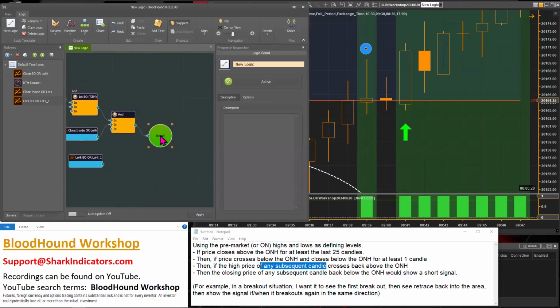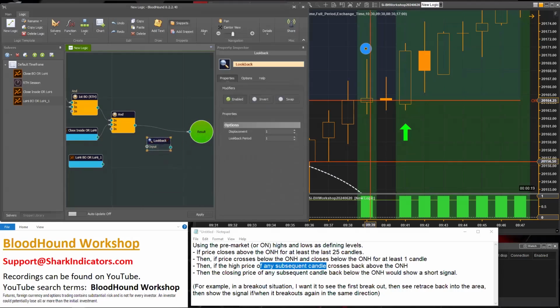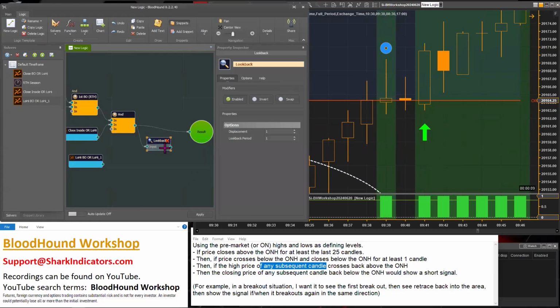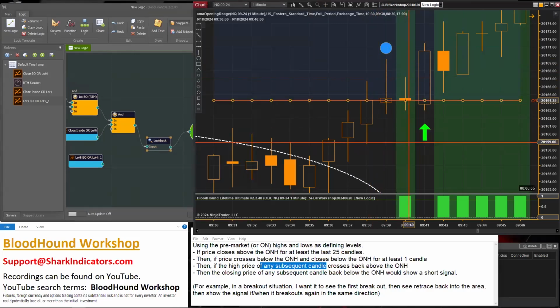All right, so what I'm going to do is take a look back node. And you notice we have a long output on this bar here. After I run this through the look back node, you notice how the output shifts forward one bar.